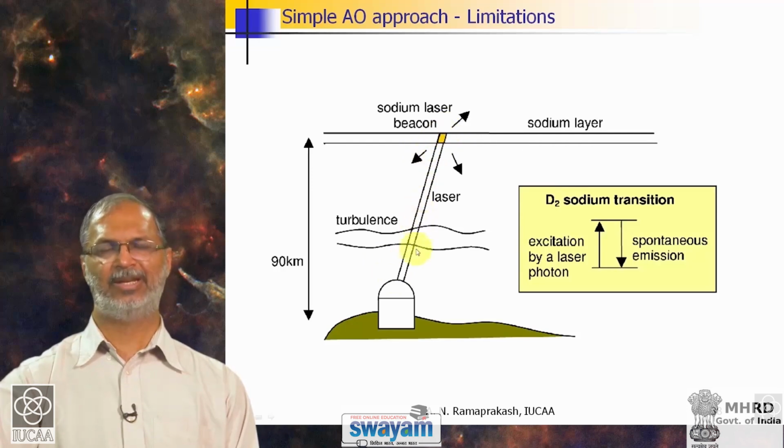So, by creating an artificial guide star in the sky at approximately the height of 90 kilometers, typically where the sodium layer is, you can form a reference object in any direction of the sky. You just shoot the laser in the direction in which the telescope is pointing, and you have a reference star in that direction.